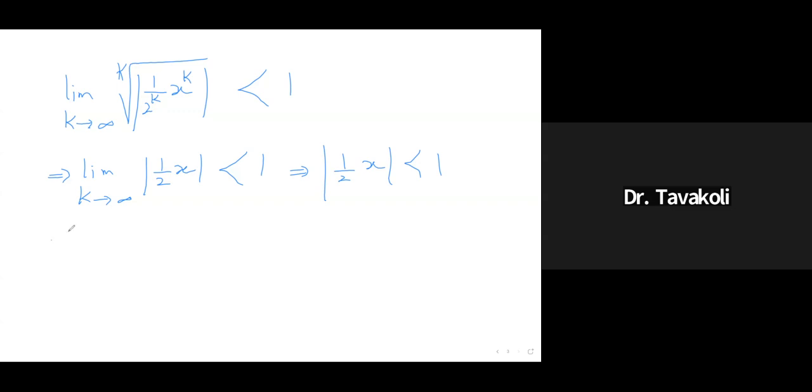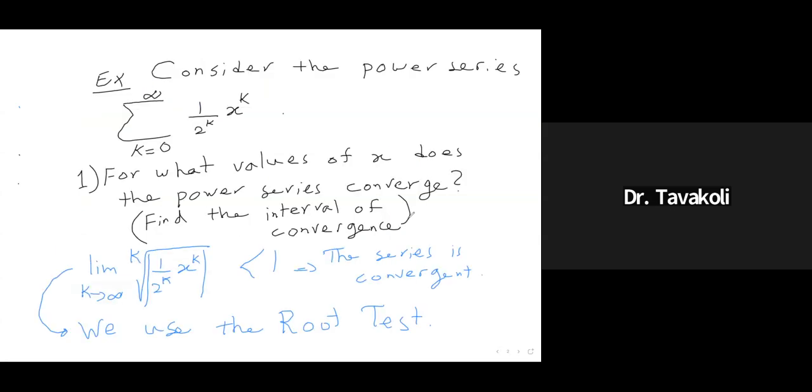If we do that, the absolute value of x is less than 2. What interval is this? The absolute value of x less than 2 is x between -2 and +2. So for these x's, that given series is convergent.